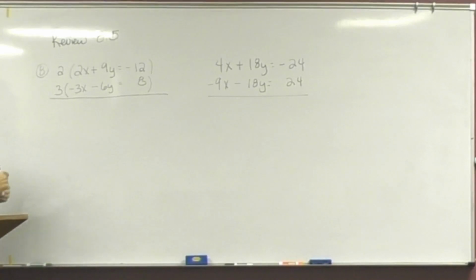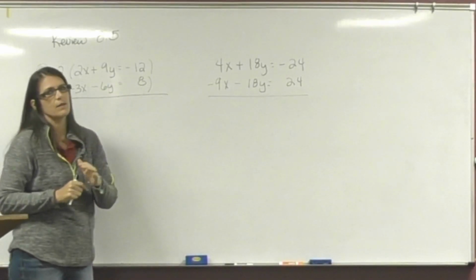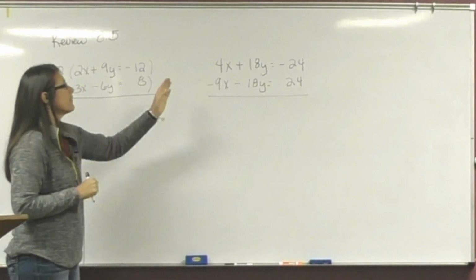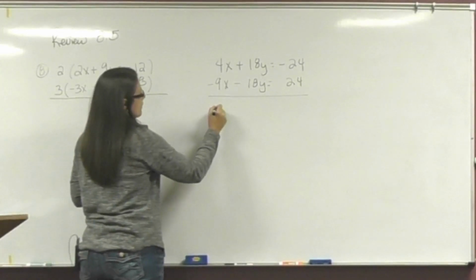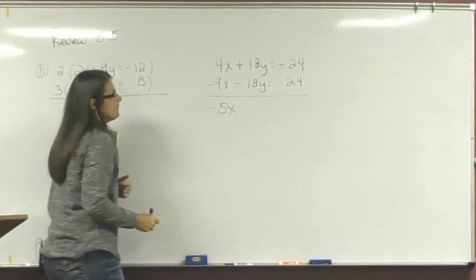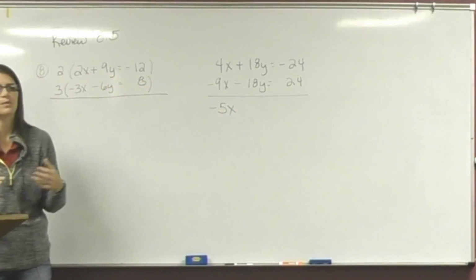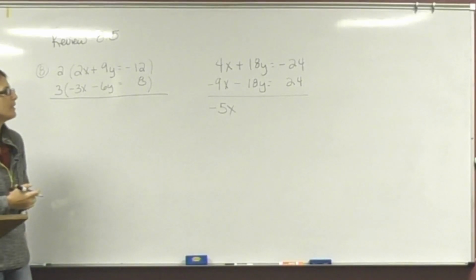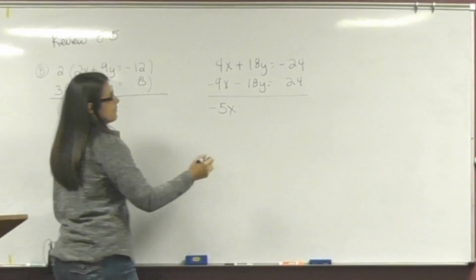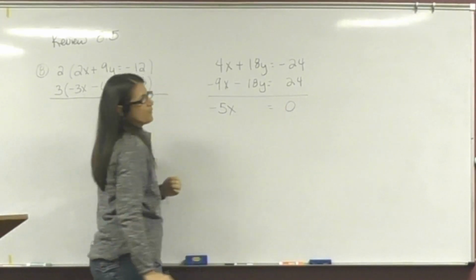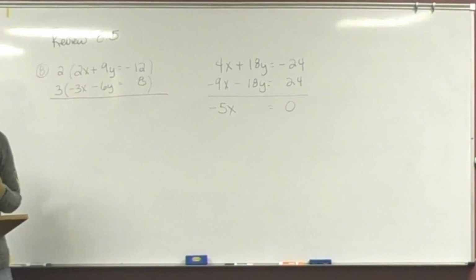When I combine my x terms, I have -5 of them. My y's are gone, just like they're supposed to be. That was the whole purpose of us doing that. And then when I combine my constants over here, there is 0. -24 plus 24 is 0.